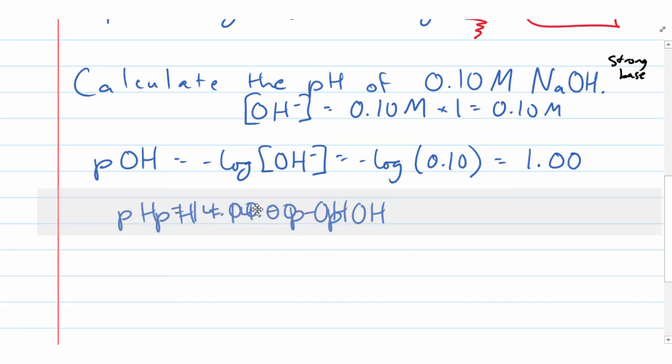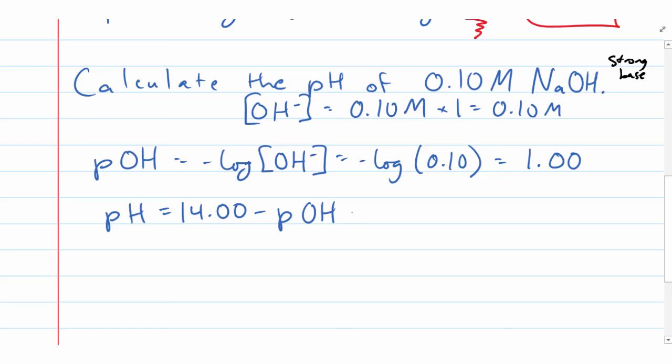And then we can substitute in the values properly. We'll take 14.00 minus 1.00, and we wind up with an answer of 13.00 as the pH.